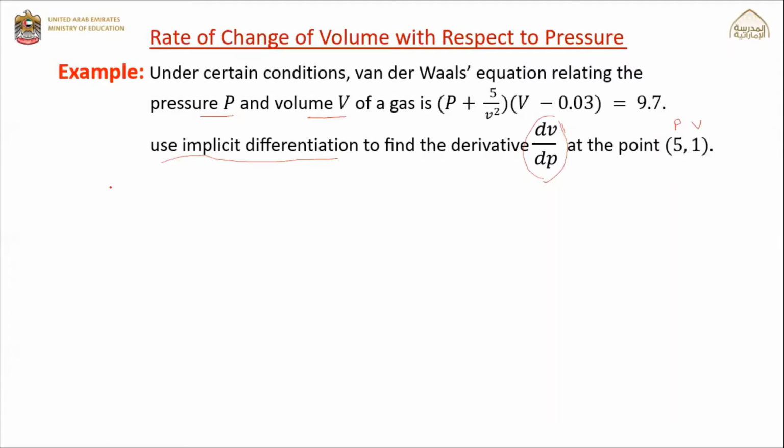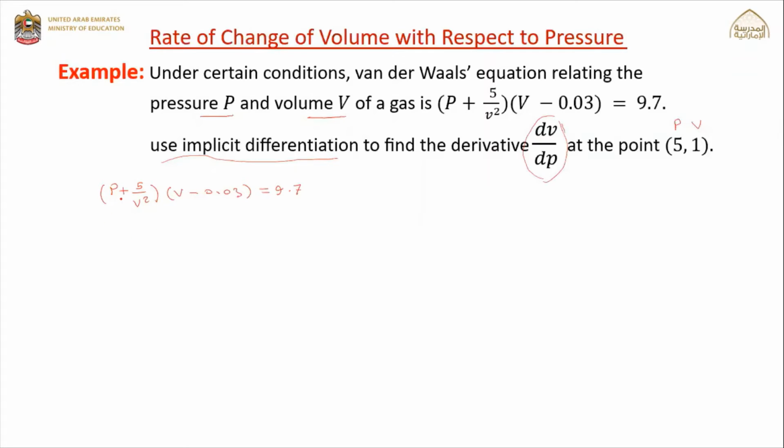Okay, I will start from my equation: (P + 5/V²)(V - 0.03) = 9.7. To find the derivative dV/dP, I will use implicit differentiation. But here I have a product between two functions, so I will use the product rule.